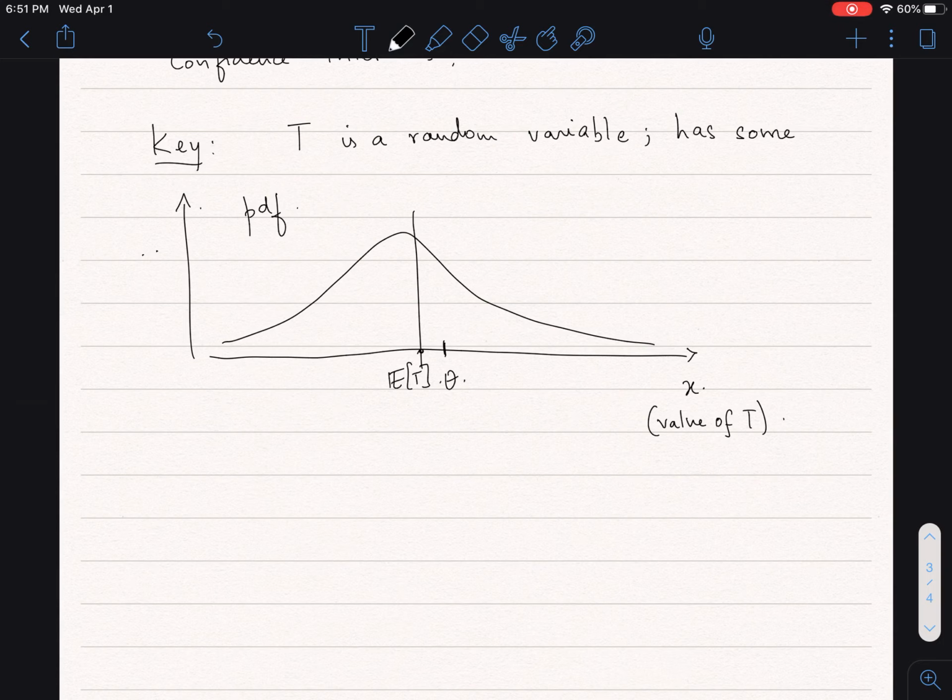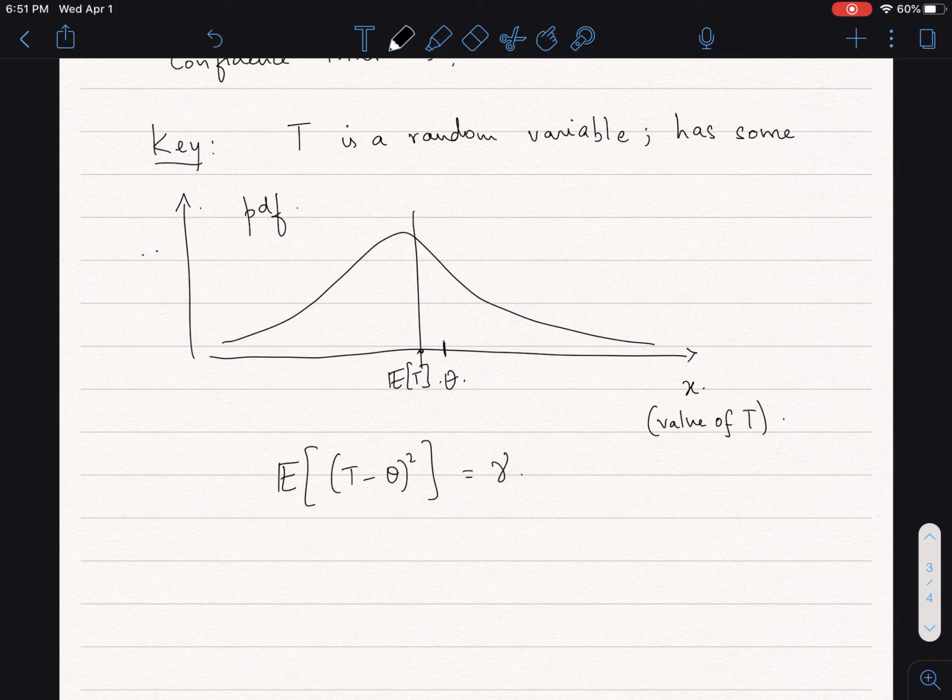Now what my assumption says is that the expected value of (t minus theta) whole squared is equal to gamma. So what does that mean?